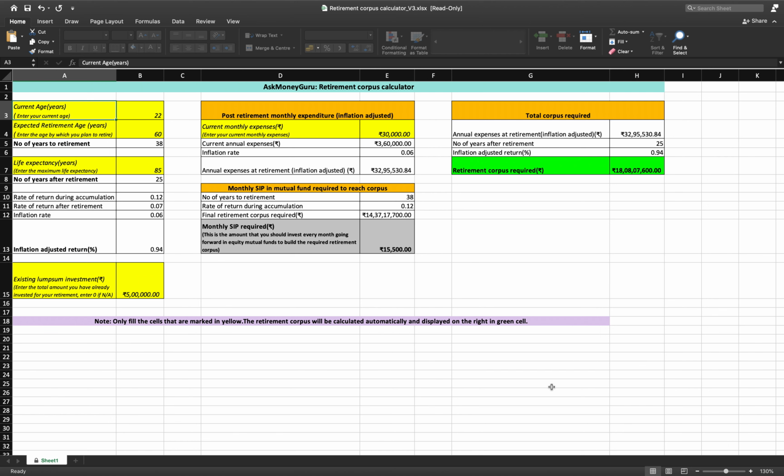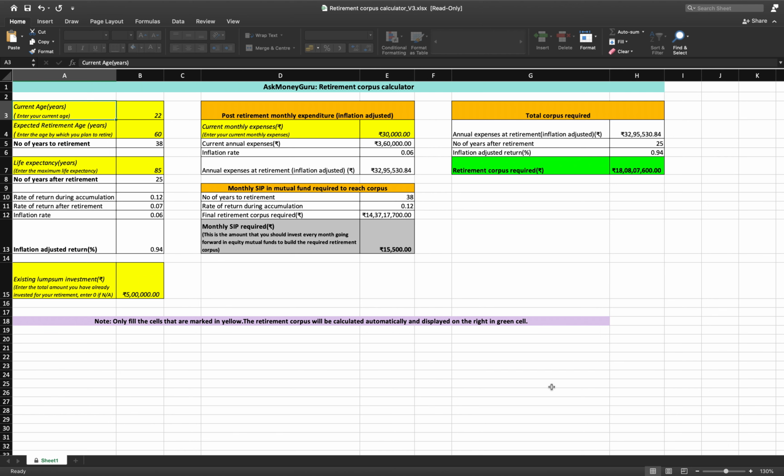While you are working, in a job or in a business, you set aside money every month or every quarter or every year based on your investment preference for retirement, so that once you stop working, you can use that corpus to maintain your current lifestyle expenses.